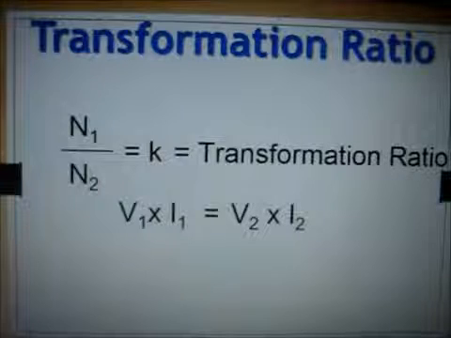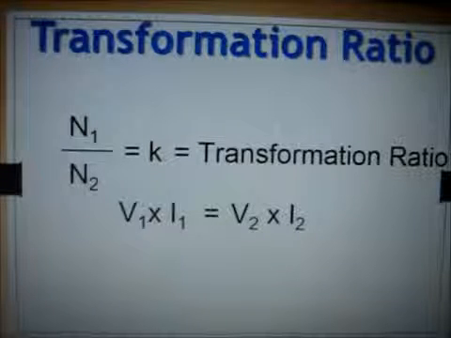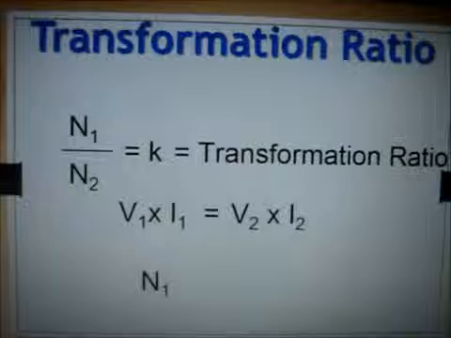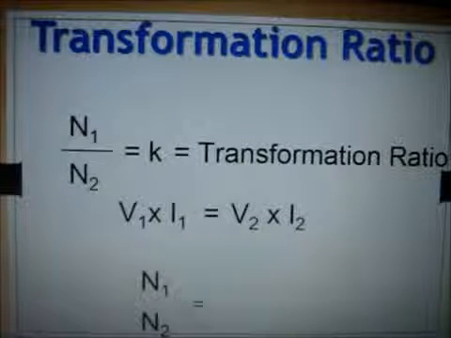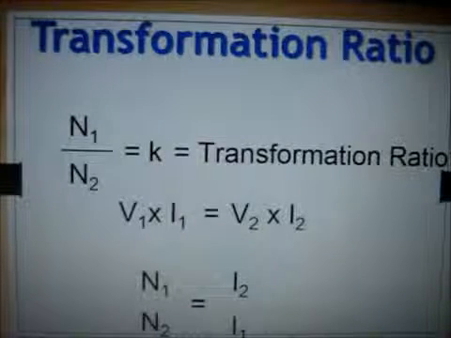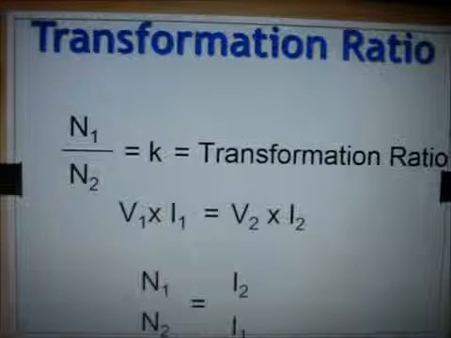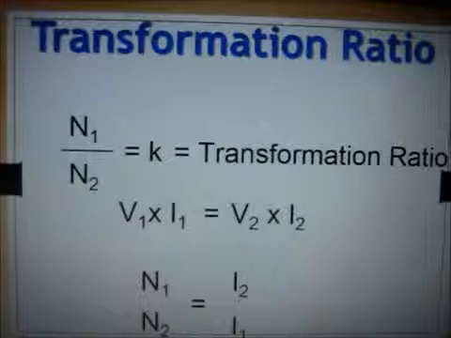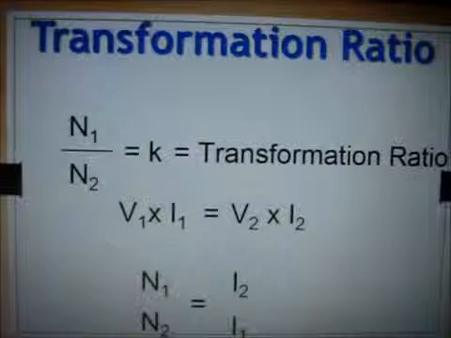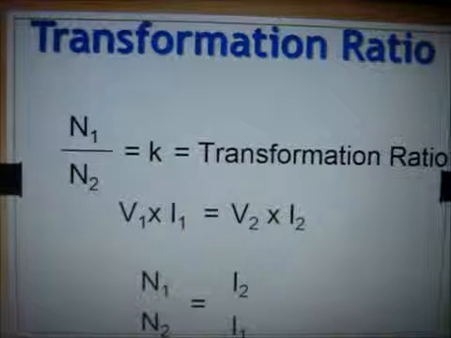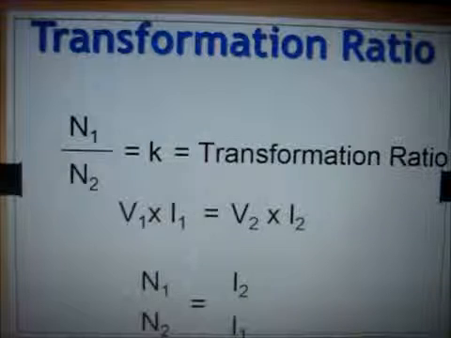Now the net power of the input and output is given as V1 I1 equals V2 I2. Similarly, N1 by N2 equals I2 by I1. So these are some formulas regarding the transformation ratio. These are very useful in solving numerical parts.